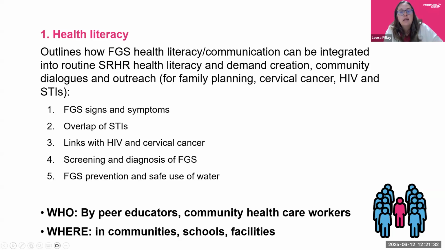The outreach worker could then include information about how FGS is screened and diagnosed, and also some information about prevention and the safe use of water to support the community member in making decisions about how to use water and how to better protect themselves from possibly contracting FGS.